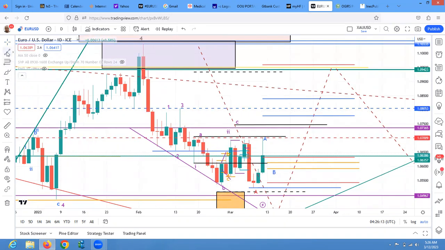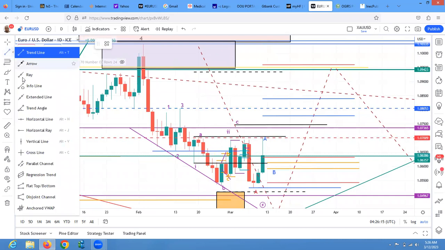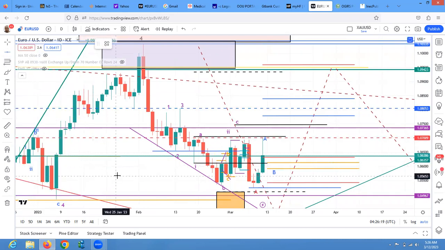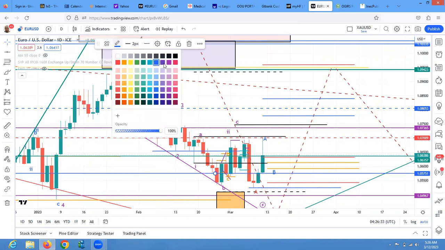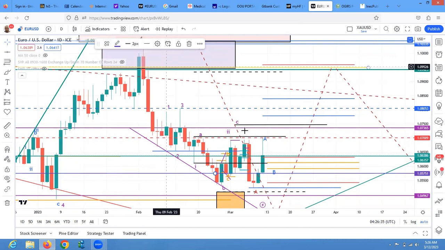Let me just use purple for where I think I may be looking for price. I may be looking for price more in this area if I use purple.